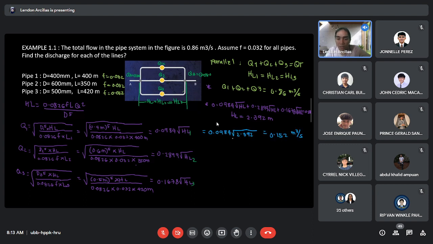So substitute HL1, makukuha mo na yung Q1. Substitute HL2, makukuha mo yung Q2. Substitute HL3, makukuha mo na yung Q sub 3. Okay? So that is, if you total this one, makukuha mo yung 0.86. So that is how you solve a parallel type of problem.